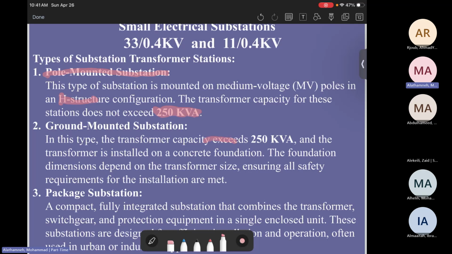If the power exceeds 250 kilovolt ampere, it will be a very big distribution transformer, so you cannot install it on the pole. Then you will install it on the floor or on the ground by making a concrete foundation. The foundation depends on the transformer size, so it will be ground mounted.